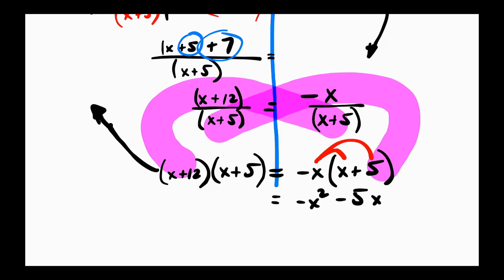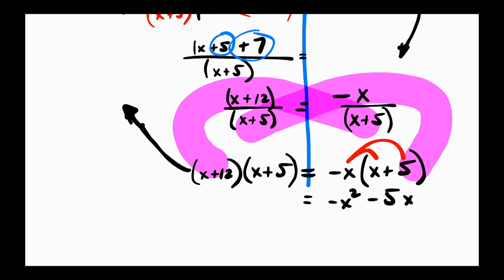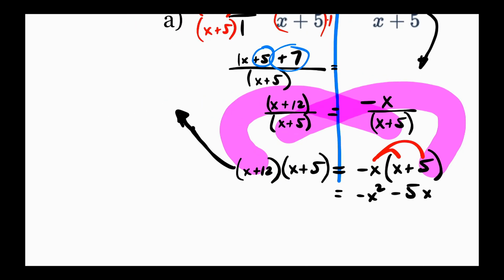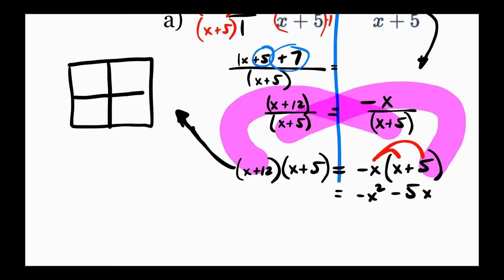And then I draw a little arrow here because over here I'm going to do some multiplication. I need a little more room to do a multiplication box. Okay, so I'm going to set up a multiplication box. x plus 12 is one of them. x plus 5 is another one. x squared plus 12x plus 5x, and then plus 60.